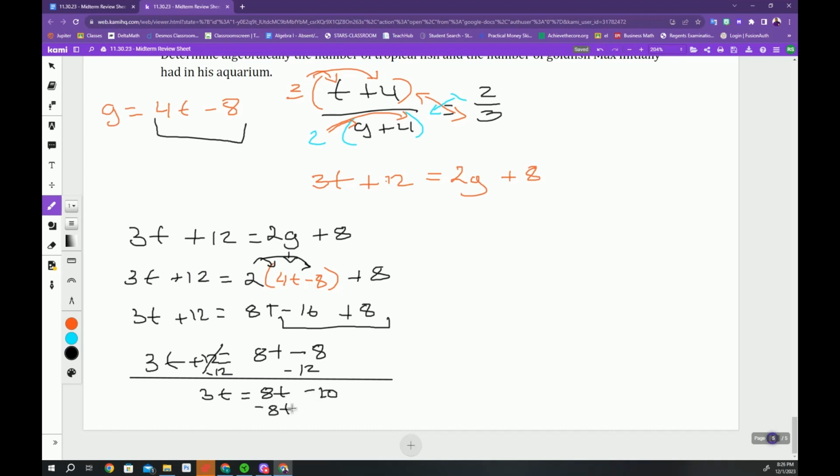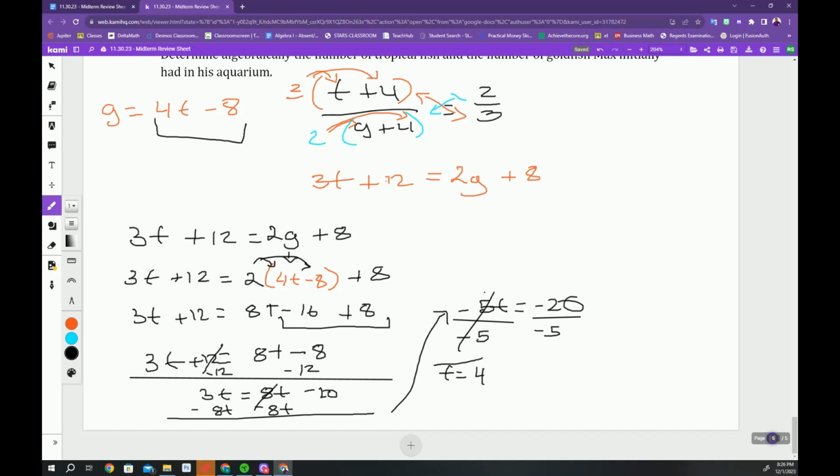Subtract 8T from both sides. 3T minus 8T is negative 5T equals negative 20. Now divide both sides by negative 5. T is equal to negative 20 divided by negative 5, which is positive 4.